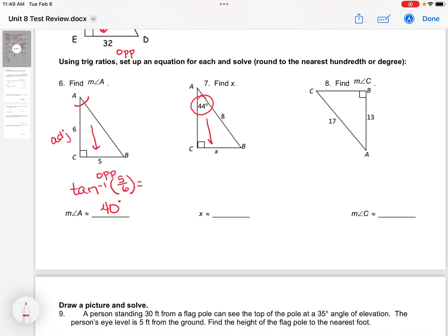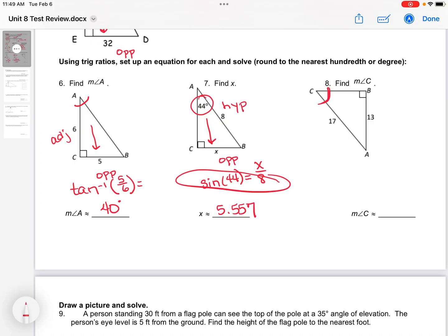Okay, now I have angle opposite, hypotenuse. So that's going to be sine 44 equals x/8. I'm going to cross multiply, and this side x is equal to about 5.557.